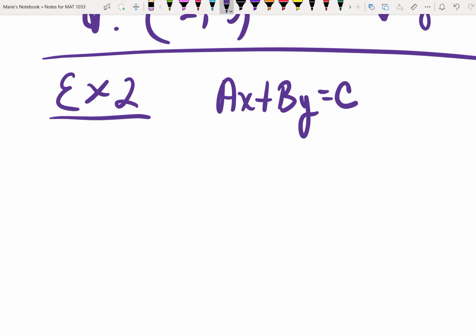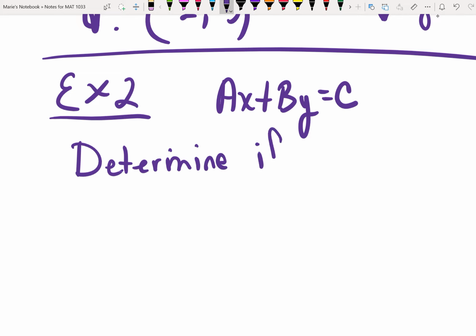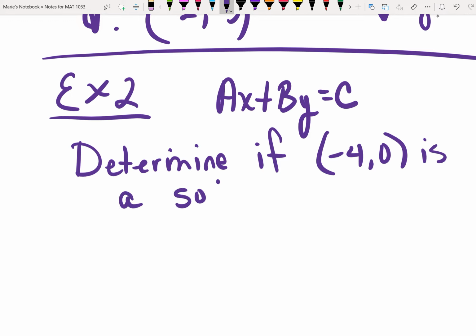So what they're going to ask you is to determine if a coordinate point is an actual solution. So for example, determine if negative 4, 0 is a solution for, say, this particular line.